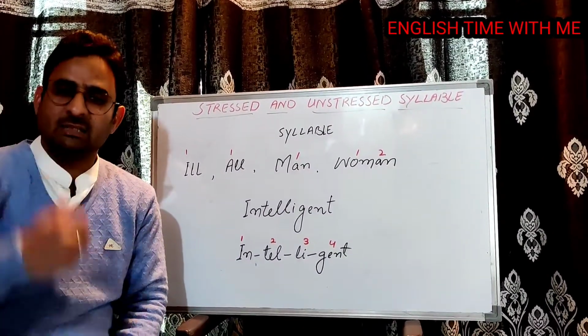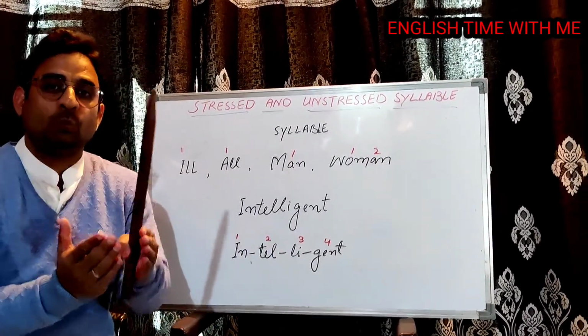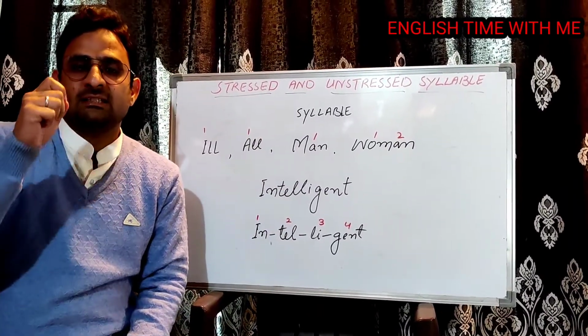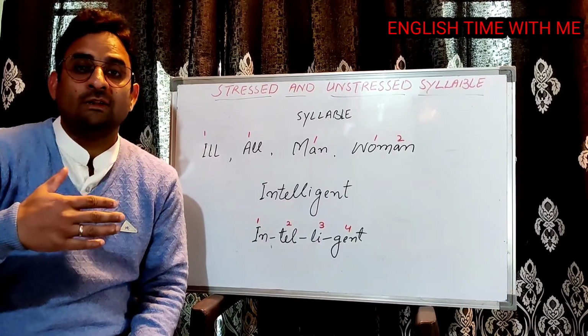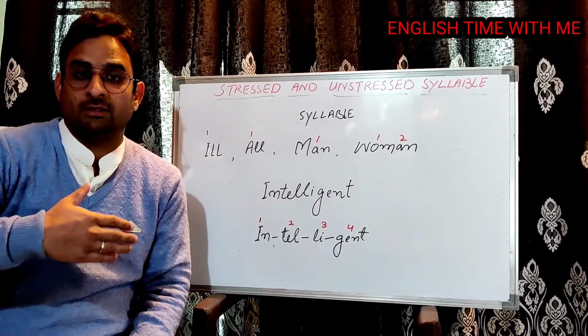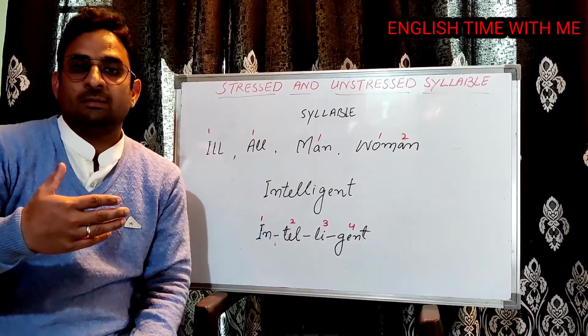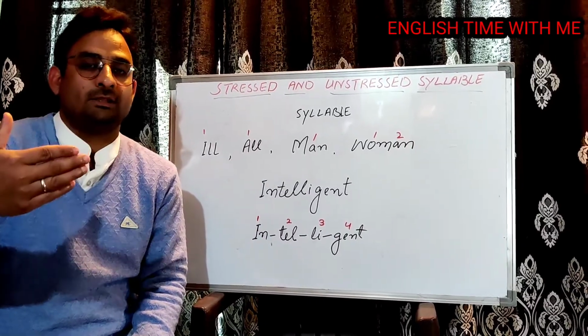A stressed syllable is a vowel sound which is made by combining it with a consonant. A stressed syllable is always a bit louder, always a bit longer, and you can say the pitch is a bit higher.